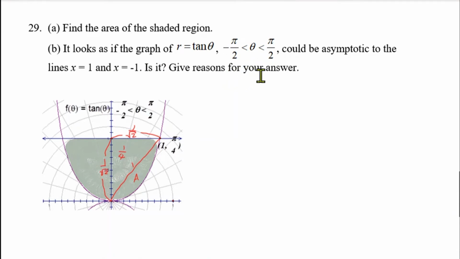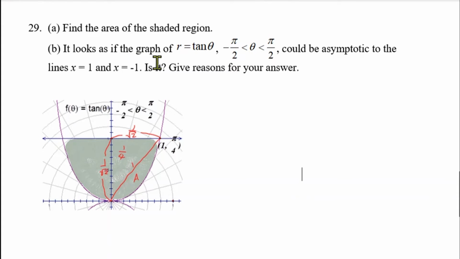Okay, and pi over 2. Wow. So what? That's asymptote. Is that infinite area? What are they saying? It's a shaded region, so this is it. So it's just that. Okay. Oh, there are two separate problems.